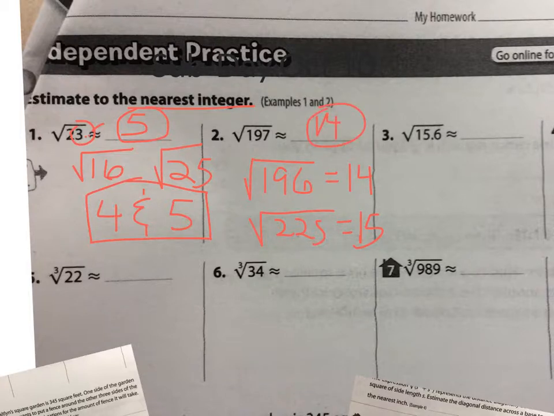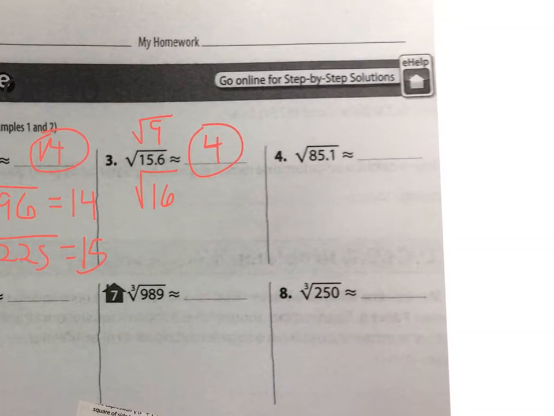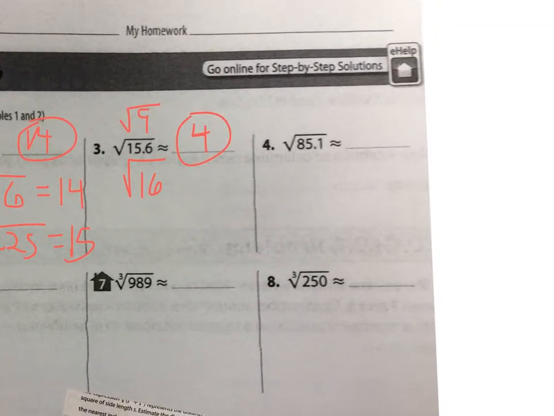Continuing right here, this one's between the square root of 9 and the square root of 16. So it's between 3 and 4, a lot closer to 4. Number 4, it's between the square root of 81 and the square root of 100, so it's between 9 and 10, a lot closer to 9.